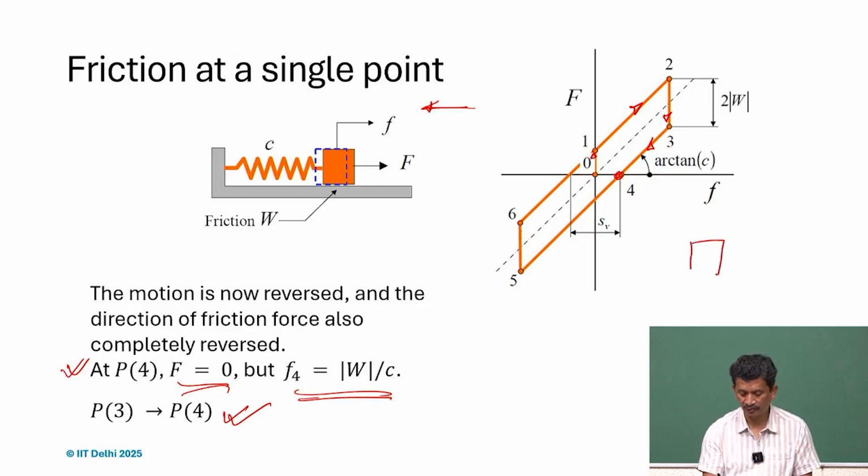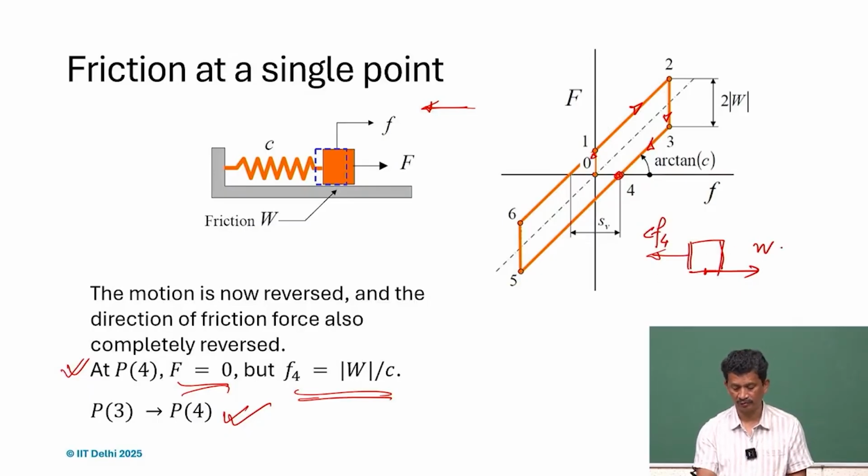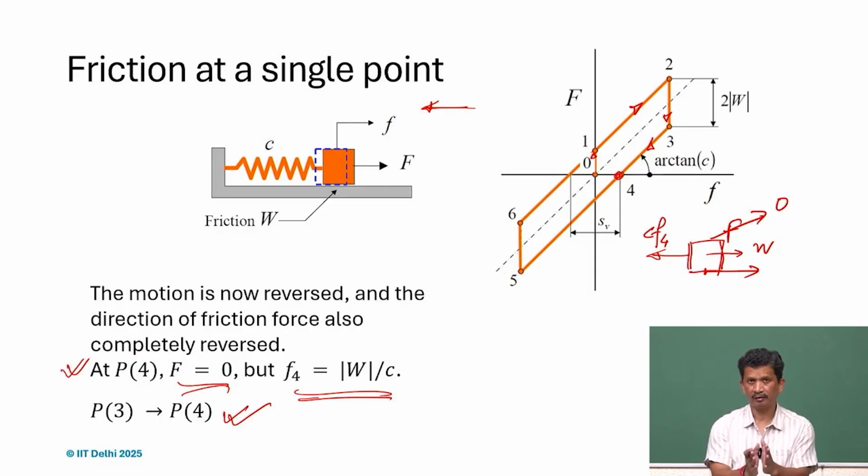Because as it was reversing, the friction force was acting this way and the spring force was Cx4. So there is no external force. That F is now 0, but in a way the block got stuck there at 4.